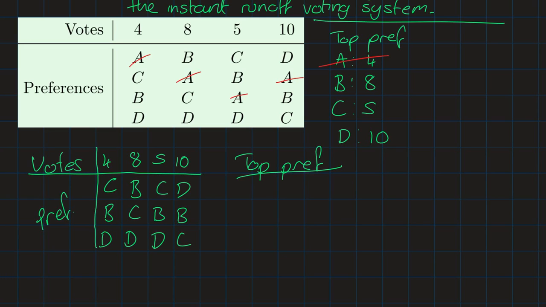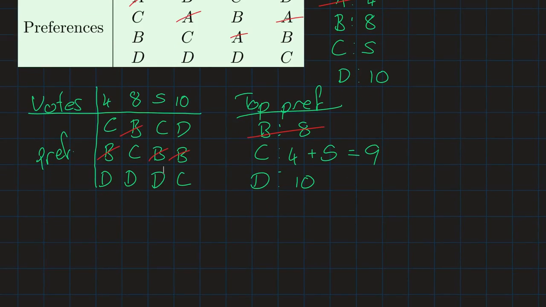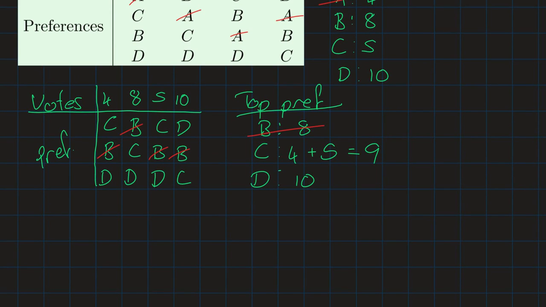A is not in the running anymore, so just ignore A. B simply has 8. C now has 4 plus 5, which is 9. And D has 10. This means that I eliminate B, and I redraw the table one more time.